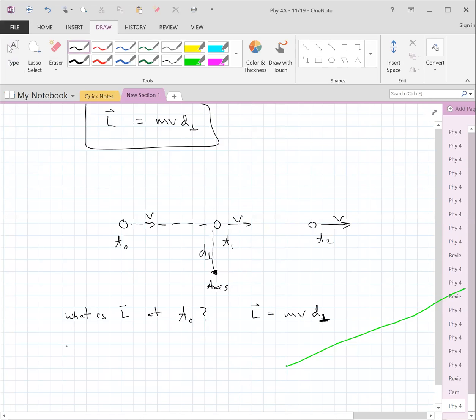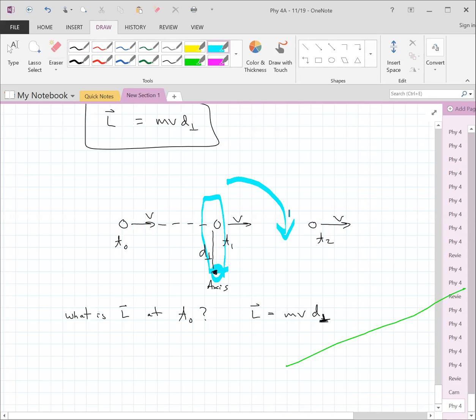What's the angular momentum? Oh, we need a direction. What's the direction of the angular momentum? The best way to picture that is if we had some kind of a big object here attached to that axis of rotation right there, and this ball, or whatever that is, this object crashed into it, what direction would it rotate?